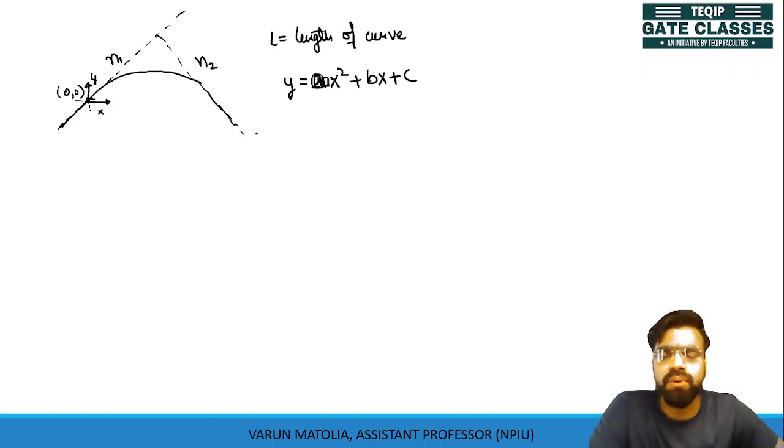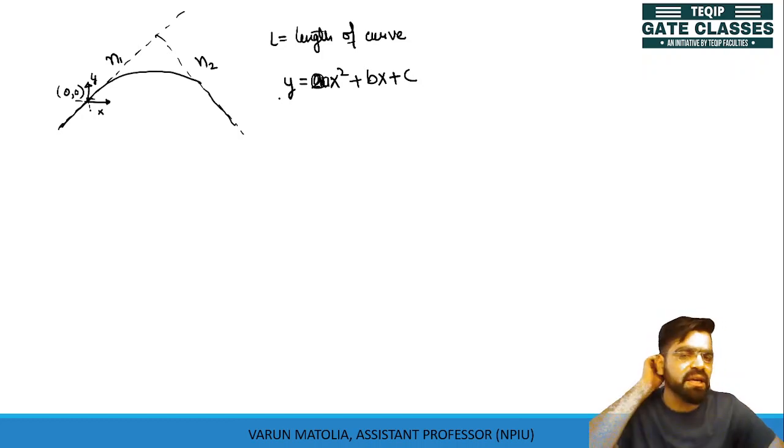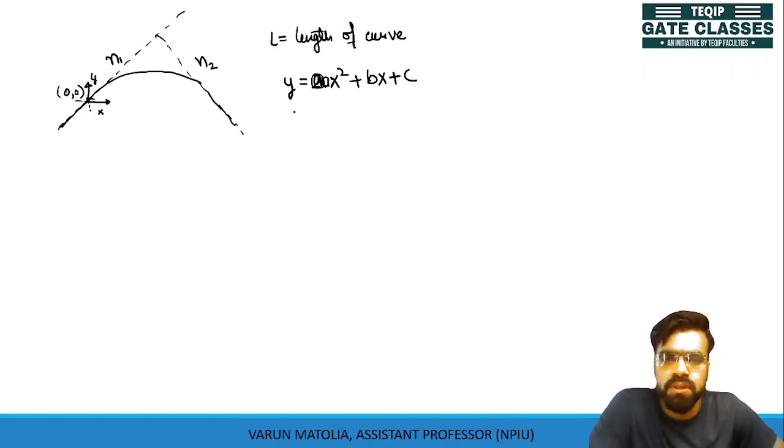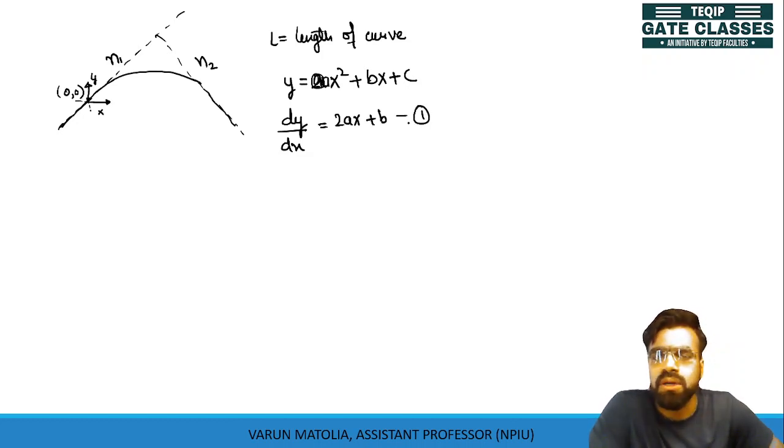So this will be the equation of parabola. Let's take the slope, because many terms are given in slope form. This is dy by dx, you can write it as 2ax plus b. This is equation 1, and this is equation 2.